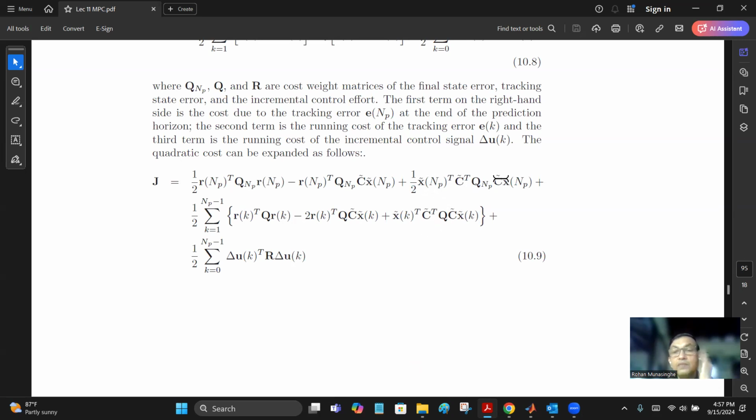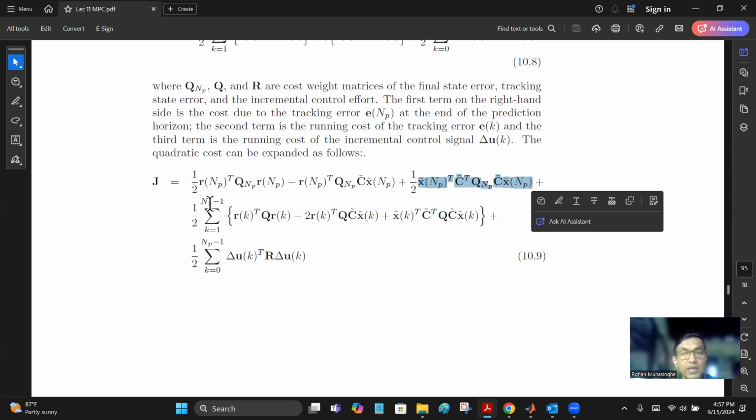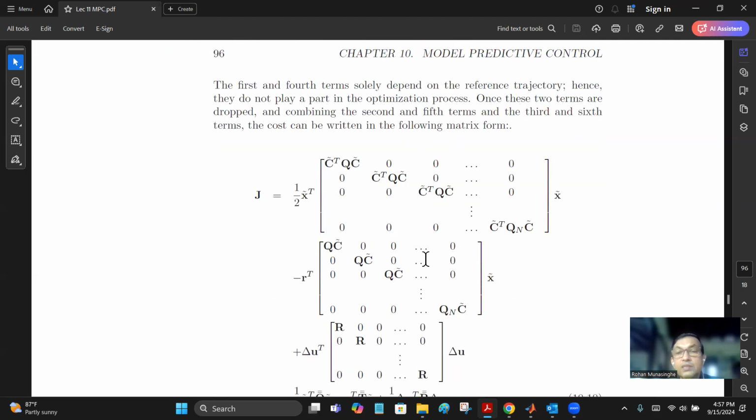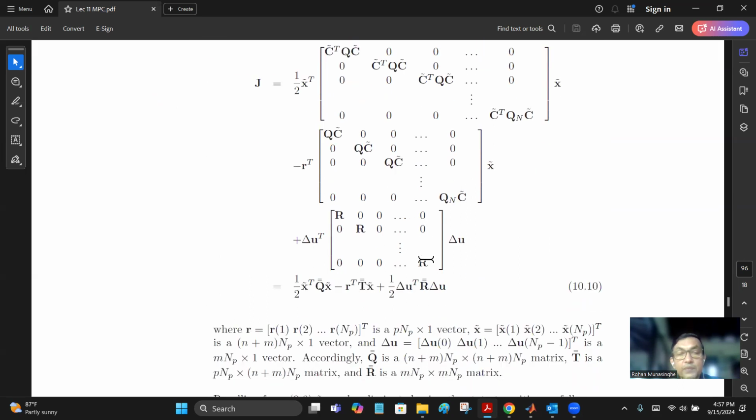And here it is the same thing at time N_p, the endpoint. So this goes from k equals 1 to N_p minus 1, one step before the endpoint, and this is the endpoint. So you can combine the two together and say summation k from 1 to N_p. So likewise, you can combine all these things into this format.